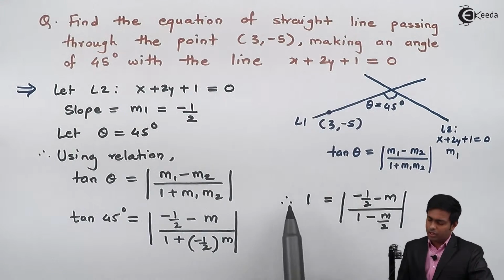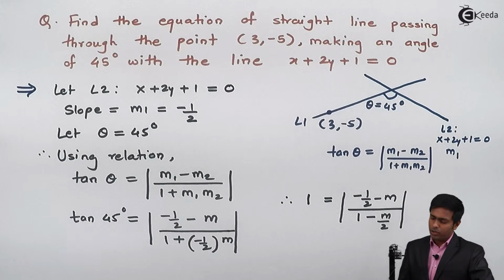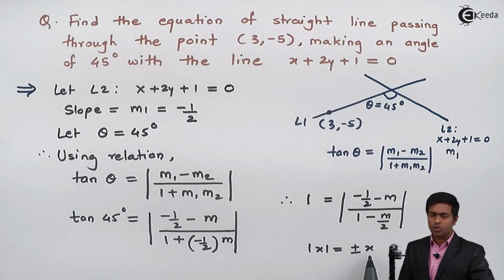So we have to solve this to get the value of m. So to solve this we have to remove this mod. So we'll be using the property of mod, that is |x| = plus or minus x. So whenever we remove the mod from any number, then it might give us two values, the positive value or the negative value. So we'll consider both the values.